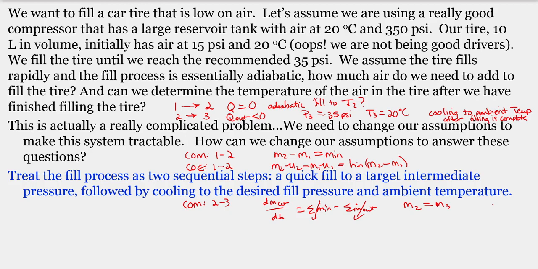Now we have to consider the conservation of energy from 2 to 3. We'll start over here, giving ourselves plenty of space. I'm going to get a little bit lazy here and take some shortcuts.